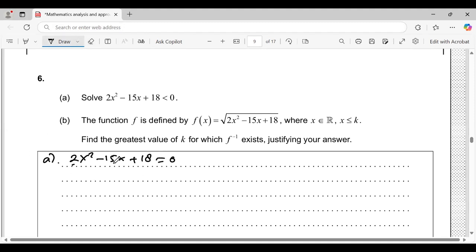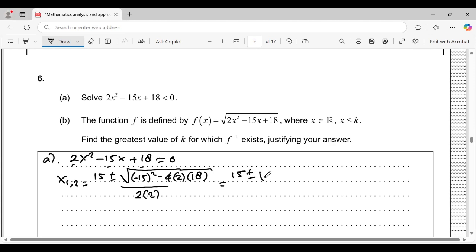This is a, b, and c. So x1 and x2 equal minus of minus 15, becomes 15, plus minus square root of minus 15 squared minus 4 multiply 2 multiply 18, divided by 2 multiply 2.